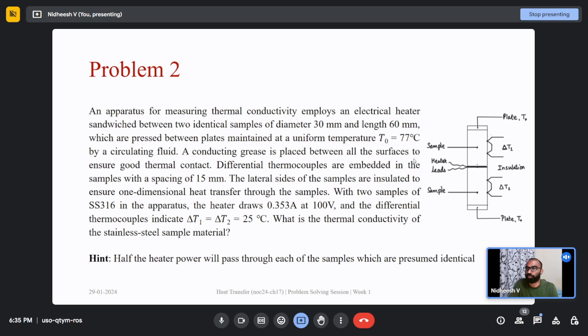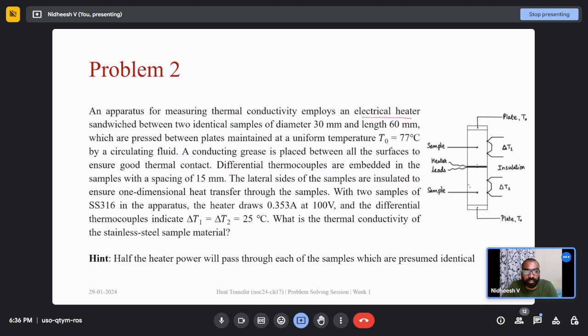I'll read the problem. An apparatus for measuring thermal conductivity employs an electrical heater. This is an apparatus for measuring thermal conductivity, whatever figure you see on the right side, and it employs an electrical heater.